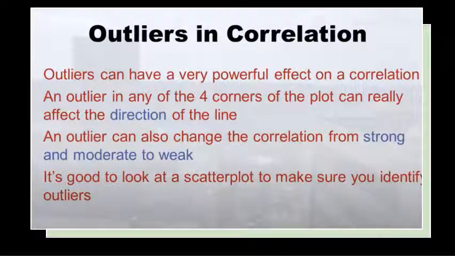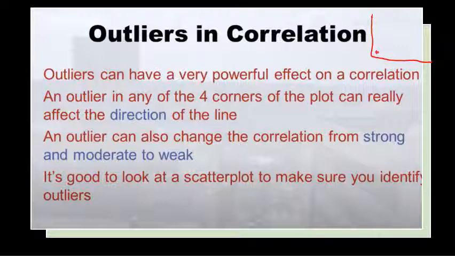Okay, so outliers in correlation. As we saw in the previous graph, we did have some outliers. We had one major one, and then the other one wasn't that obvious. But outliers can actually have a powerful effect on your correlation, especially when they are in one of the four corners of your plot.